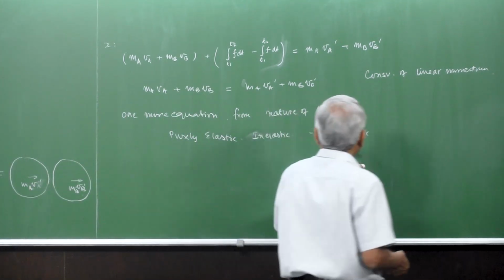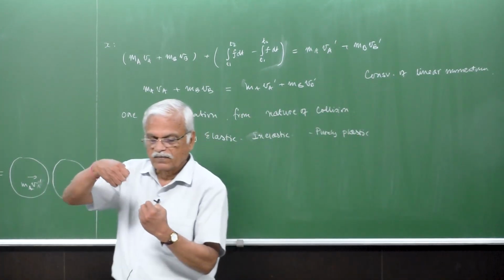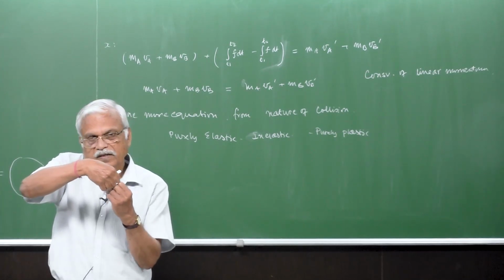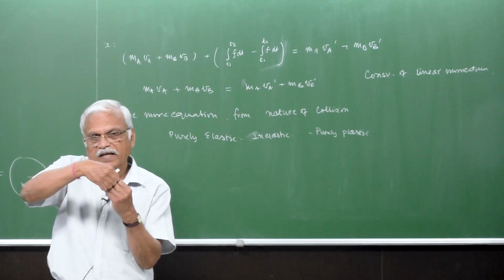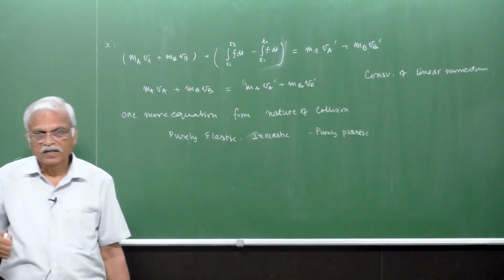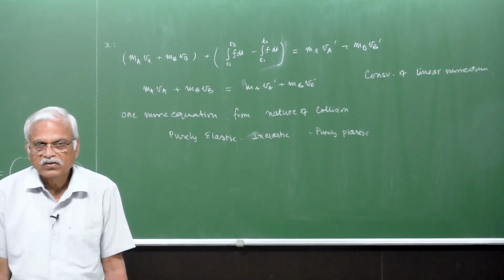Whereas on the other hand, at the extreme end, purely plastic means that if you apply a force and the deformation takes place, let's imagine that it becomes flat, and then even if the force is removed, it doesn't regain its circular shape. That deformation just stays there.